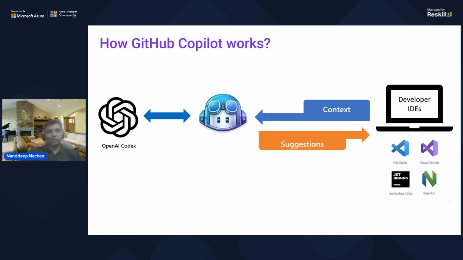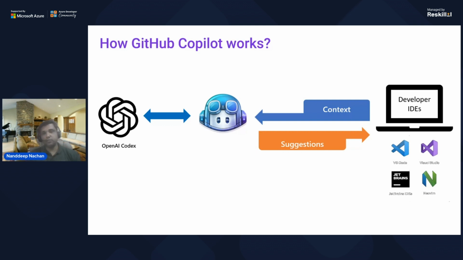Okay, so now what happens once you enable GitHub Copilot, and how does it work? Once you enable GitHub Copilot, your editor provides context to GitHub Copilot.